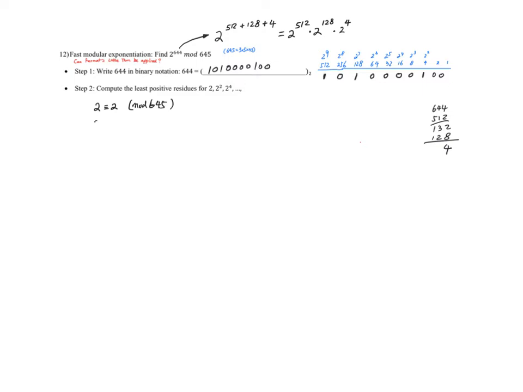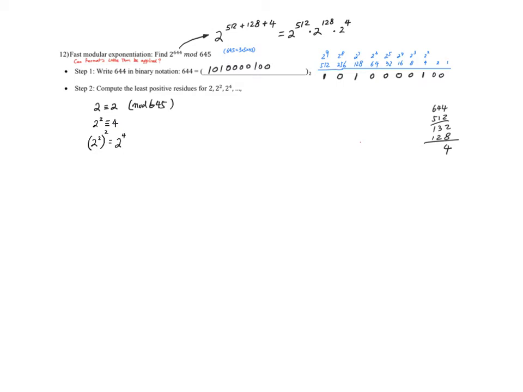Now 2 squared, just square the previous one, which is congruent to 4 mod 645, right? And what's the next? You want to square the previous one, which is 2 to the power 4.